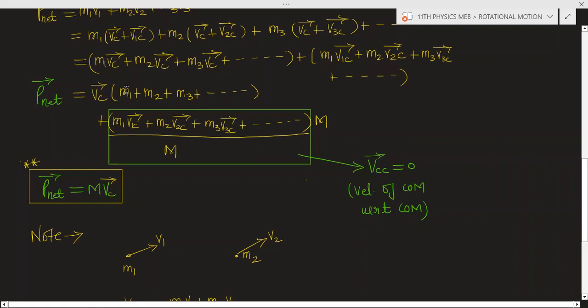Actually, see this equation. Basically, this total momentum is equal to VC multiplied by m1 plus m2 plus m3.